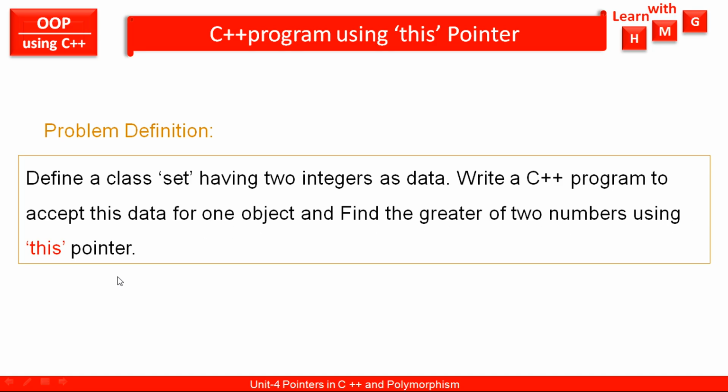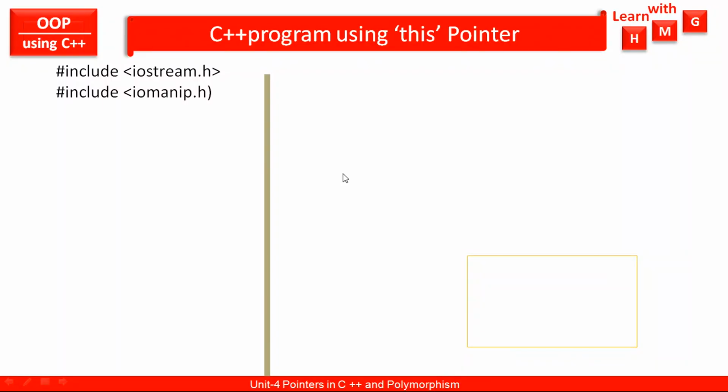So the concept I explained in the previous slide, now the same function I am going to use to write a complete C++ program in which there will be a class set with two integers as data members, and one member function which will find which data member is greater. Let us write a complete C++ program using the this pointer to solve this problem.